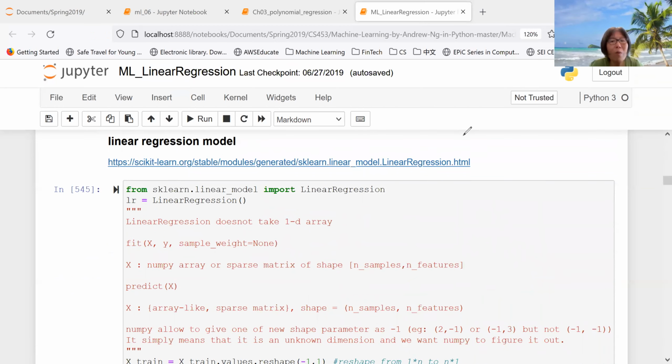Because over here, generally speaking, if you recall, the first step is to split the training and the testing. And then generally the next step is feature scaling.